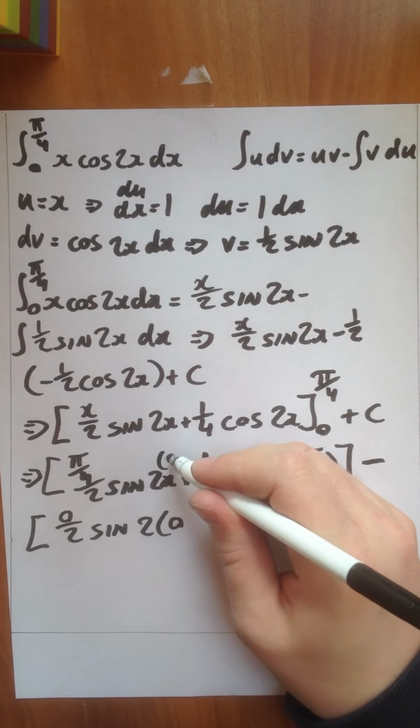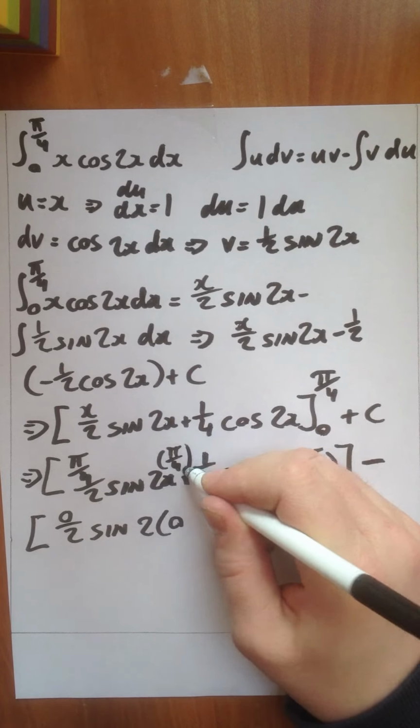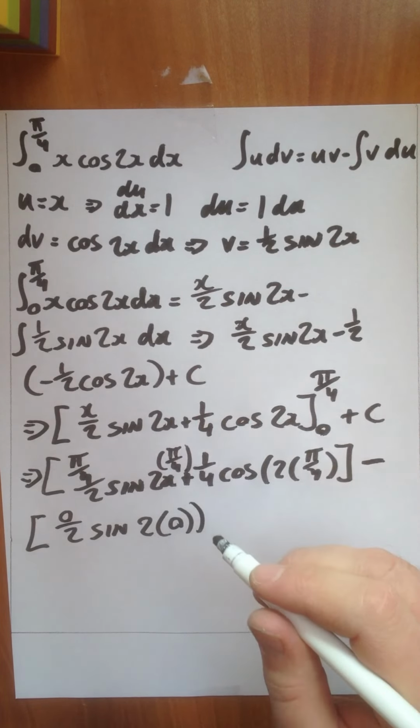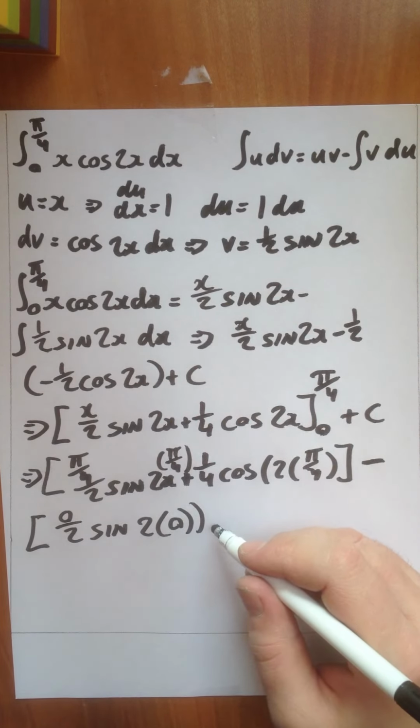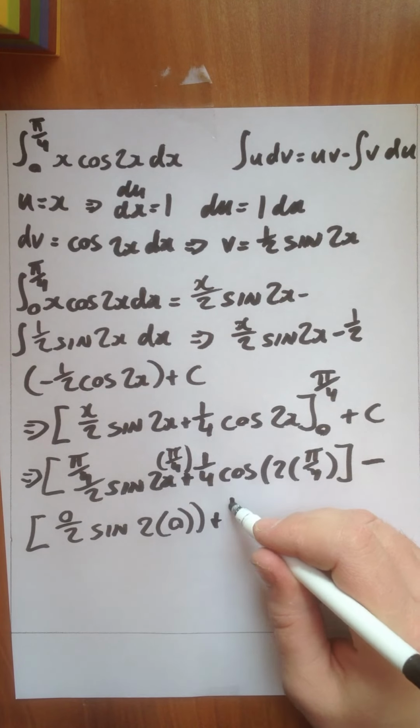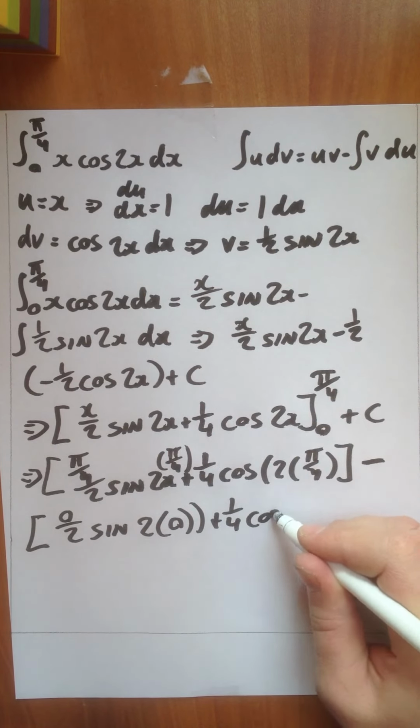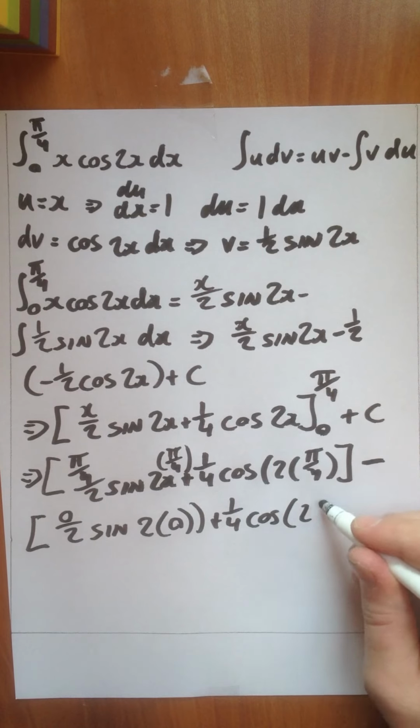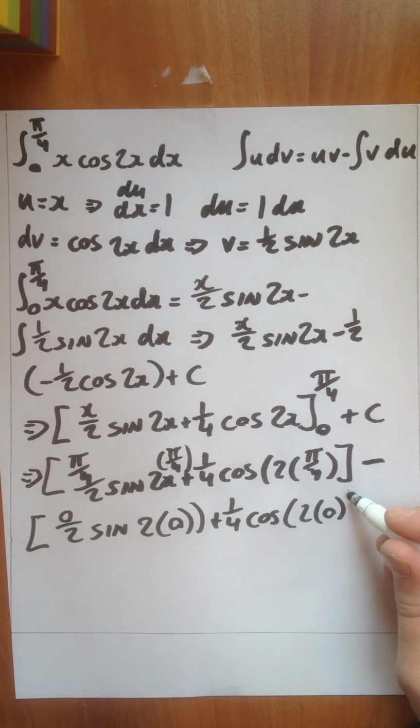Put the x here, we should have put in pi over 4. We come back down, we then have plus 1 over 4 cosine 2 times 0.